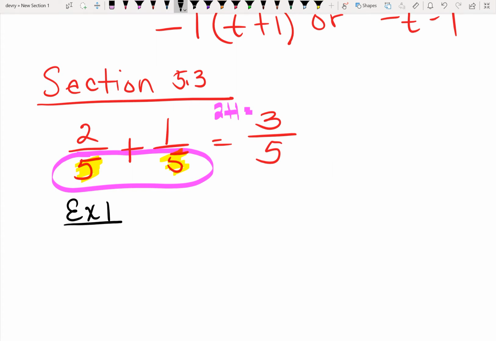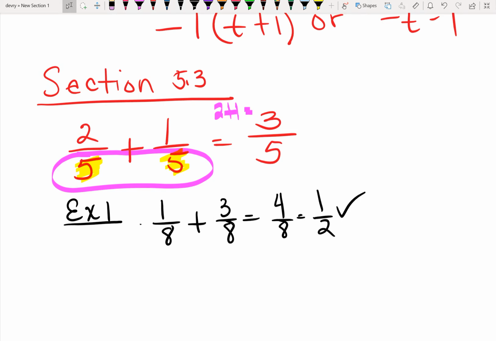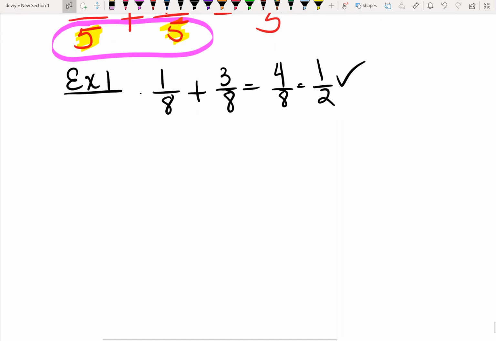Okay? Alright, so let's look at example 1. They start off with 1/8 plus 3 over 8, and that equals 4 over 8, which reduces to 1/2. And that is what they want.